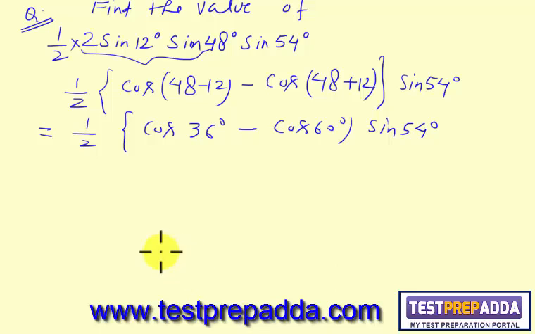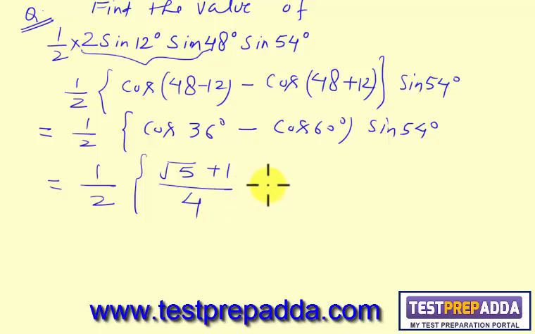Now if I substitute, we have found the values of cos 36 degree and sine 54 degree in the previous sessions. So I'll write here root 5 plus 1 by 4 minus half. The important point here is cos 36 degree is actually equal to sine 54 degree. Here I'll write root 5 plus 1 by 4.